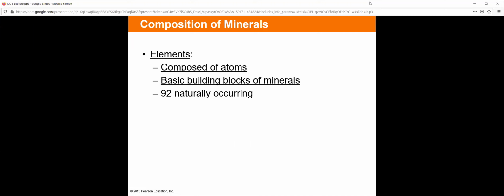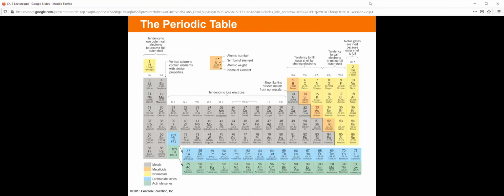Quick chemistry precursor for you. Hopefully you remember this from high school. Elements. Elements are composed of atoms, and they're the building block of, well, everything, but in our example, the building block of minerals. There are 92 naturally occurring elements in our world. The periodic table, I'm sure we've all seen this before, lists off those 92 naturally occurring elements, and on top of that, some artificial elements.